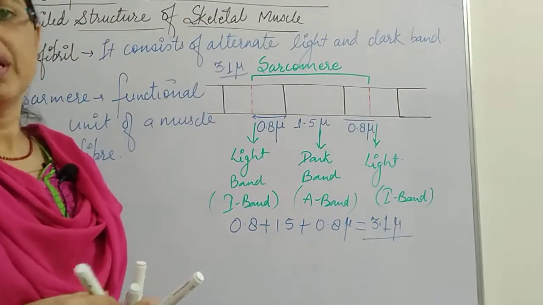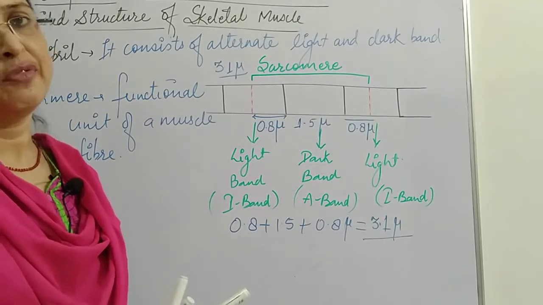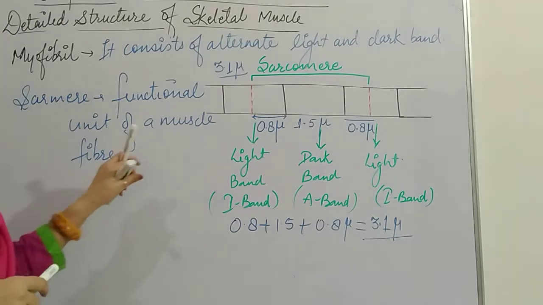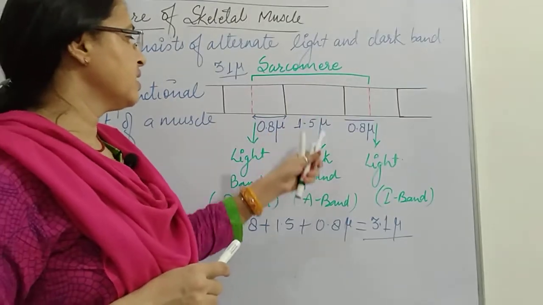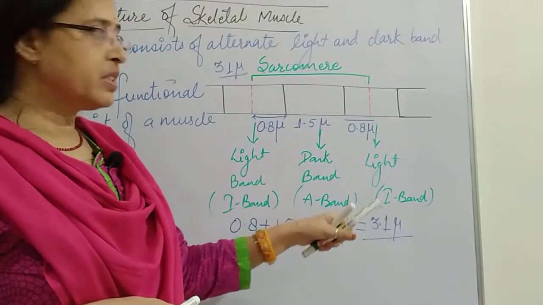And this sarcomere is responsible for the contraction of the muscle fiber. Now here you can see the diagram clearly that this is the light band, this is the dark band, this is the light band. So alternately they are present.